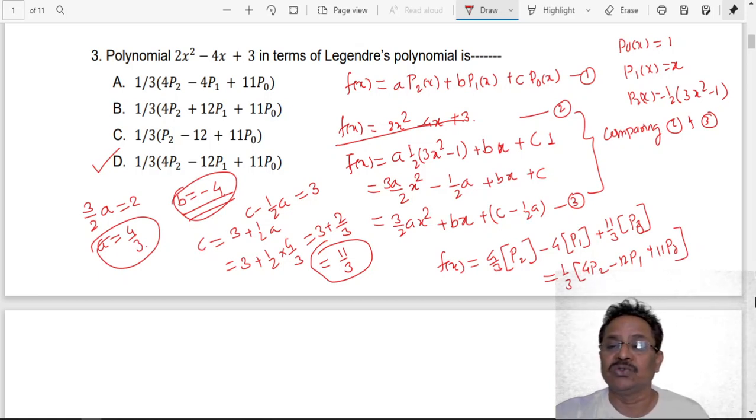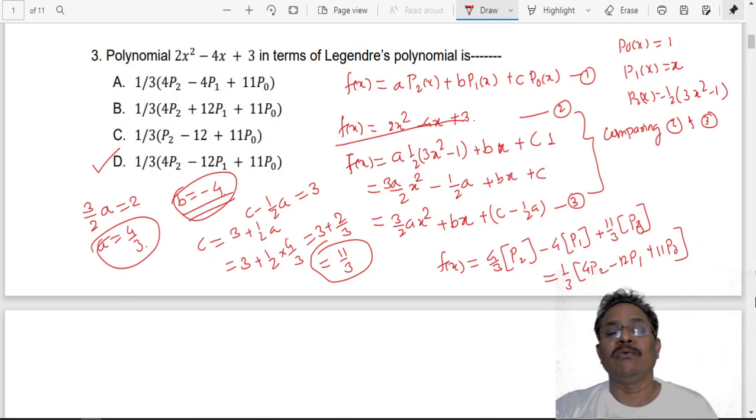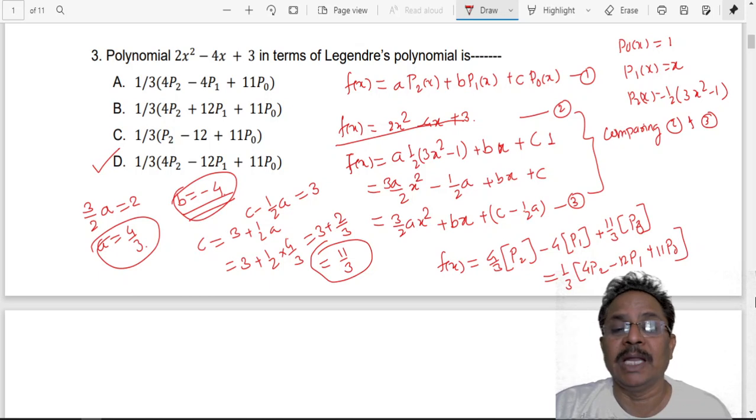Then write the actual values of the polynomials in the given equation. Based upon that, solve this equation for getting values of a, b, and c. And again rewrite this equation 1 using the values of a, b, c. And then simplify this. You will get a final equation as given by D, 1 by 3 in the bracket 4p2 minus 12p1 plus 11p0.